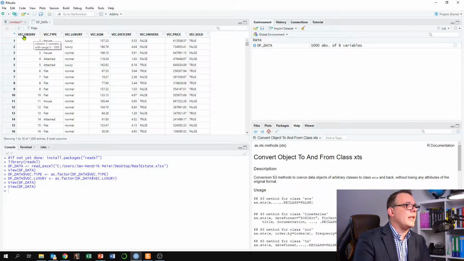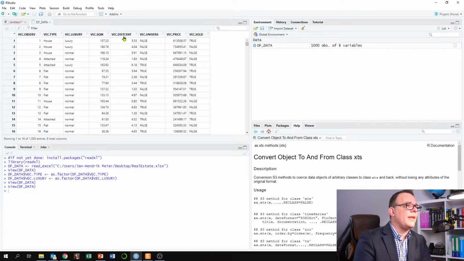And what do we see here? We have some kind of observation number 1, 2, 3, 4, 5. It has no relevance to us, to be honest. We have the type of the real estate of the house. We have houses, we have attached houses, and we have flats or apartments. Then we have an assessment of some specialists, if this is a luxury real estate or a normal one, luxury or normal. We have the size in square meters.